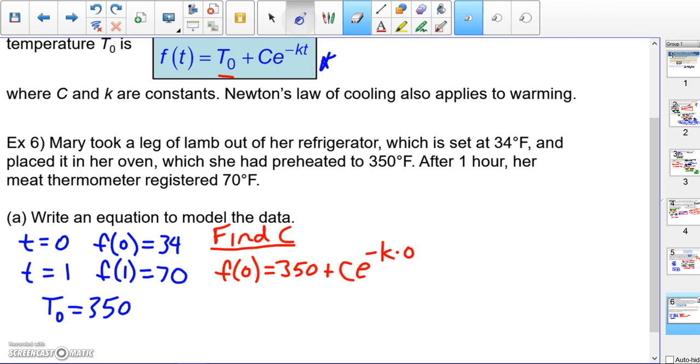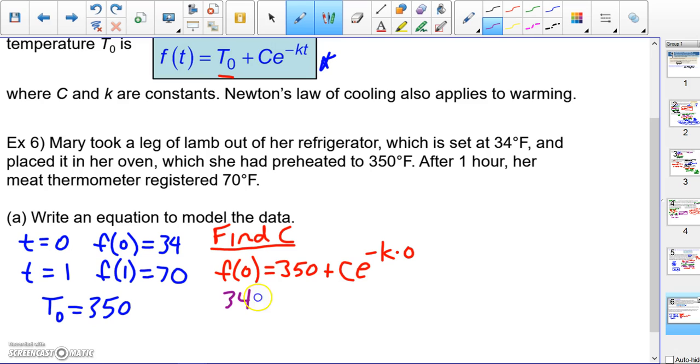So some useful stuff is going to happen here. f of 0 is 34, equals 350 plus c times e to the negative k times 0, which is just e to the 0. You should remember e to the 0, or anything to the 0, is 1. So I'm looking at 34 equals 350 plus c times 1, which is c.